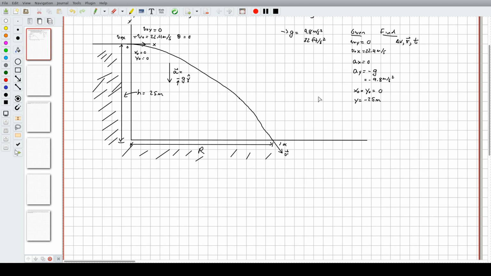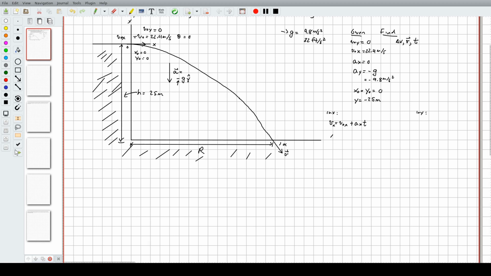Next thing you do is what we always do, and that's write down our equations and see if they simplify a little bit. So I'm going to make a little bit of space there. So we're going to have our equations in the x direction. We'll have our equations in the y direction. So in x, I have v is equal to v naught x plus ax times t.